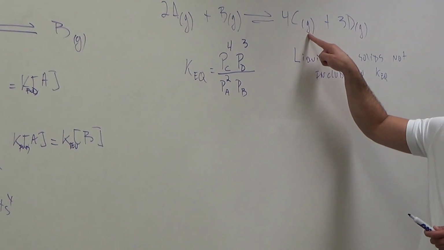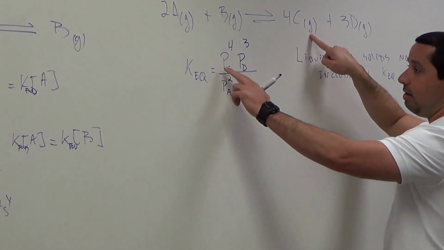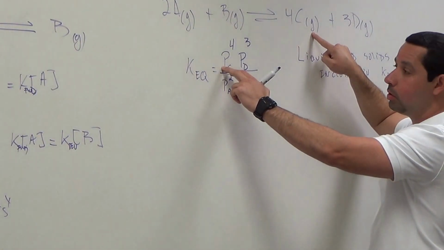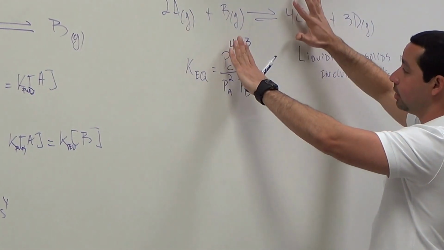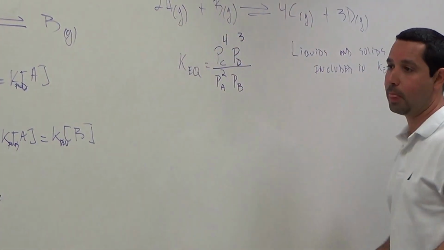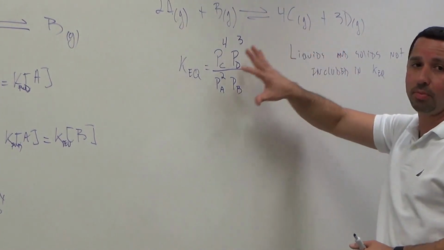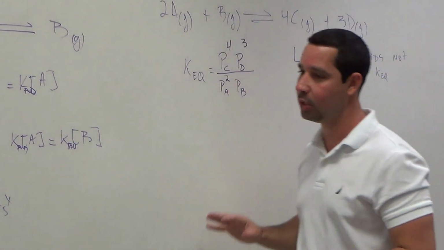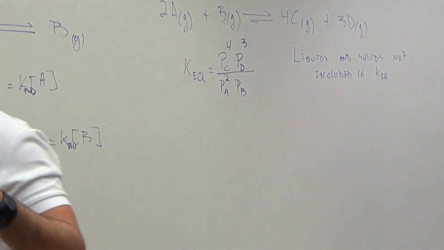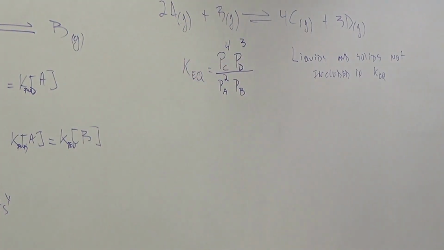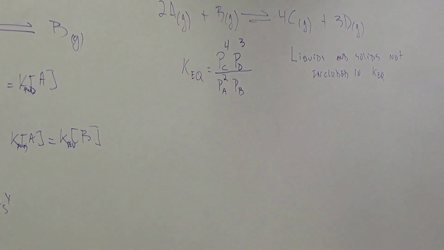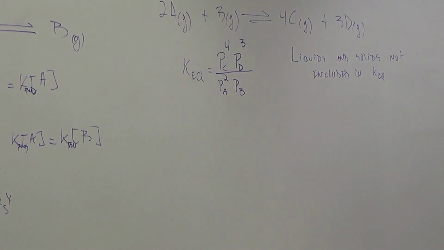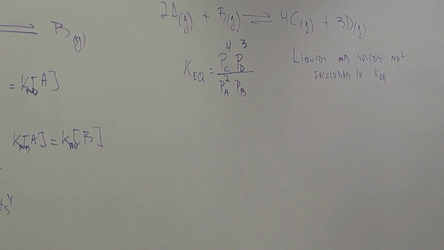This is a liquid. Would I have this here? No. This would disappear for this product. If it is a solid, would it be here? No. The only things that can be in an equilibrium expression are gases and aqueous, things that have been dissolved in water or in whatever other solvent. So, gases and aq.